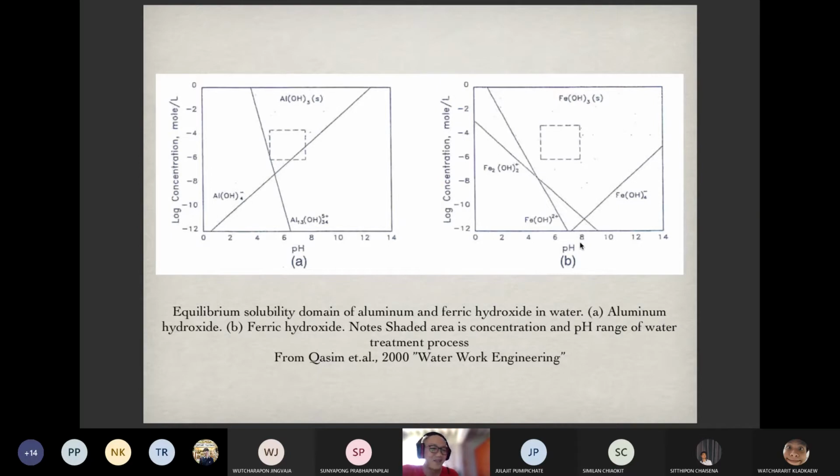So it's a little wider than the range for the aluminum. But anyway, the ferric is very costly. But still, the floc produced from the additions of the ferric is denser. So once it precipitated, it will never resuspend again. That is the advantage of using irons. But anyway, it is expensive as compared to the alums. That is why most of the largest plants prefer to use the alums.